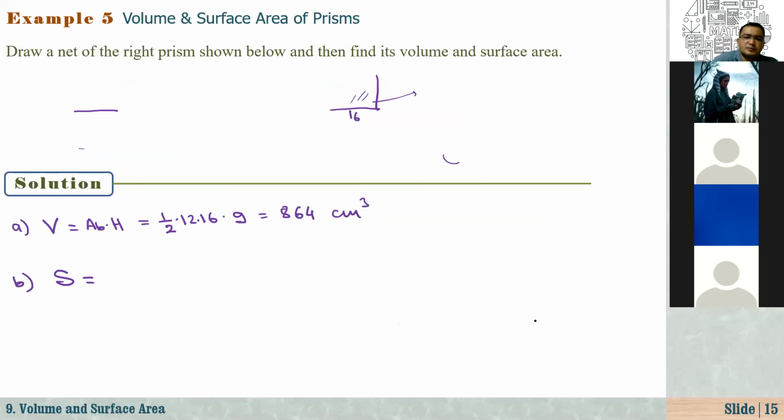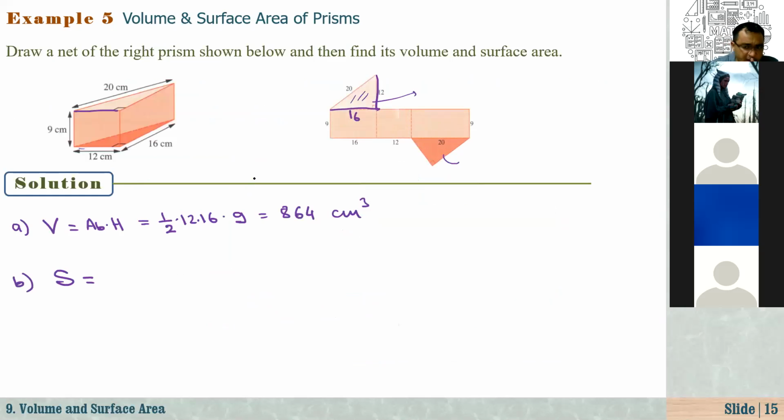So what is the perimeter of this prism? The base is a triangle with sides 12, 16, and 20. So the perimeter is 20 plus 12 plus 16, times the height.